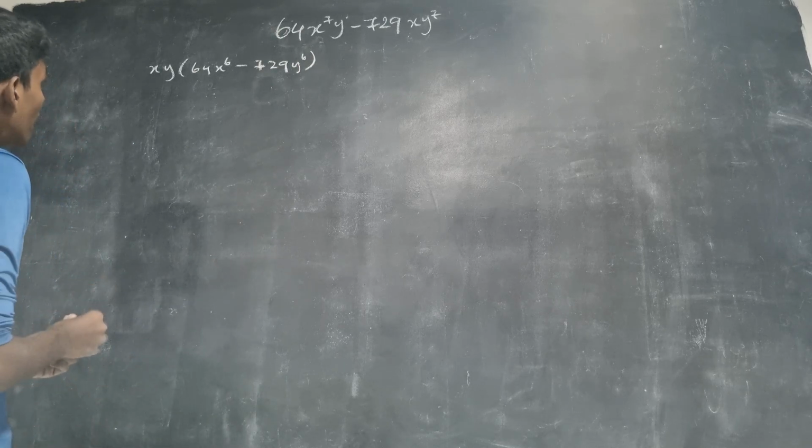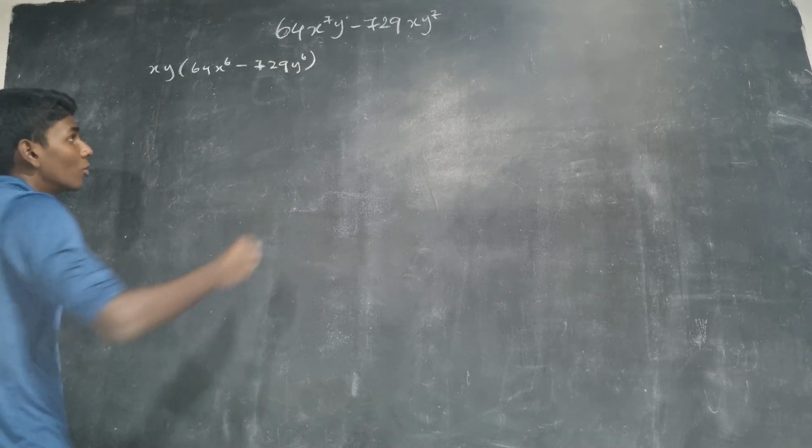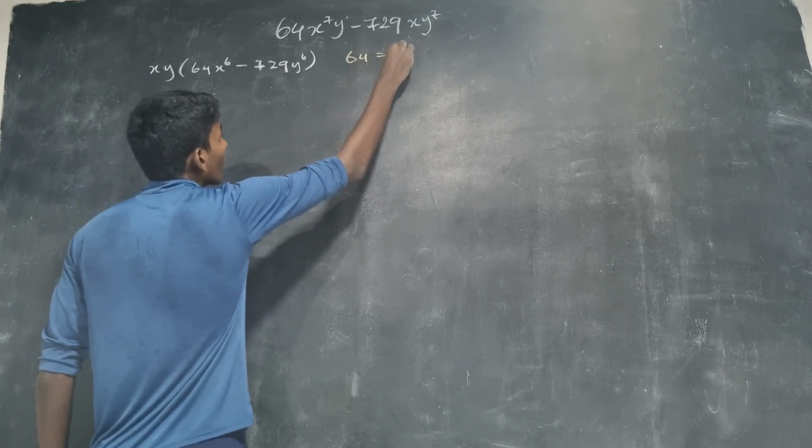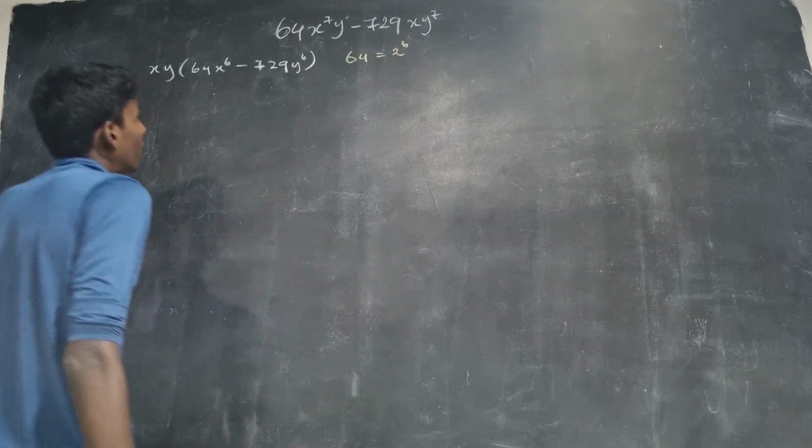So we all know that 64 is equal to 2 to the power of 6, and 729.